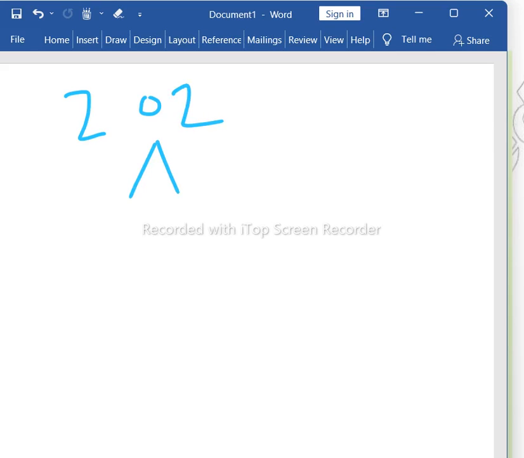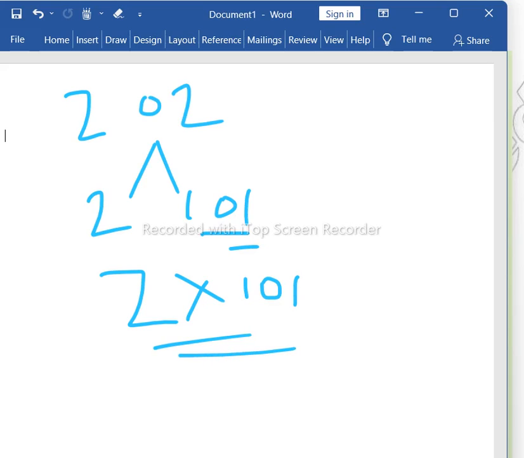Let us divide by 2. 202 divided by 2 is 101. As you see, 101 is a prime number, so we can stop dividing and write this number in the form of prime factorization: 2 times 101. So this is the final answer for this question.